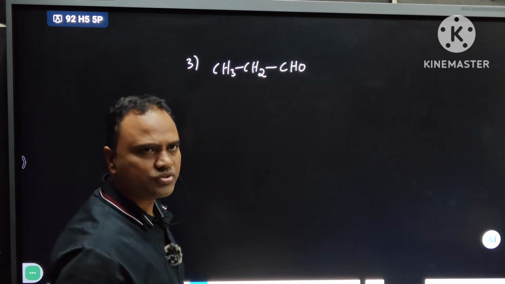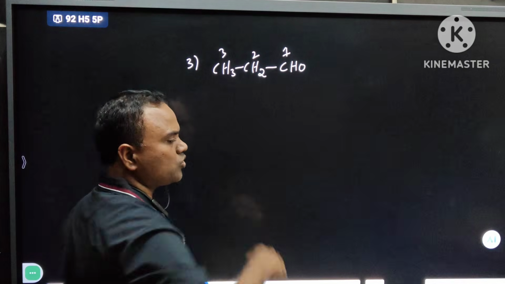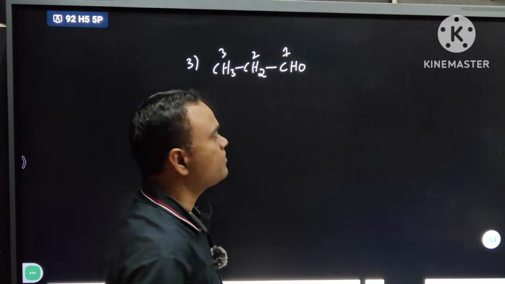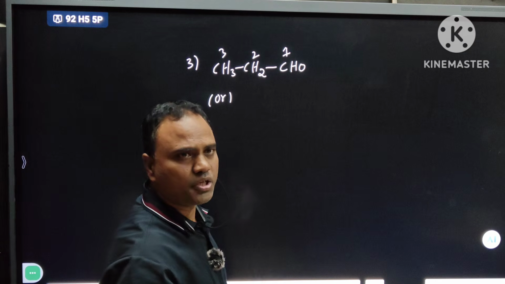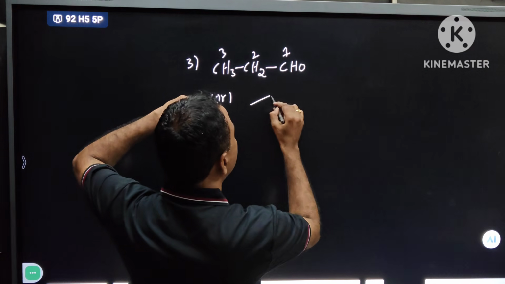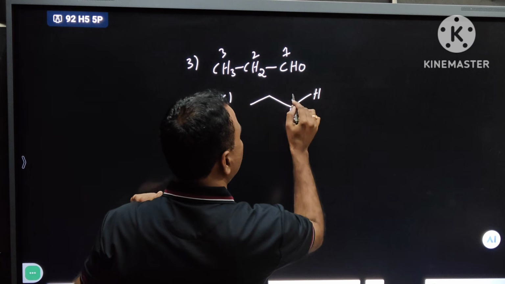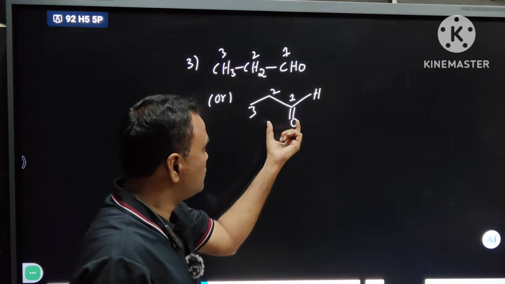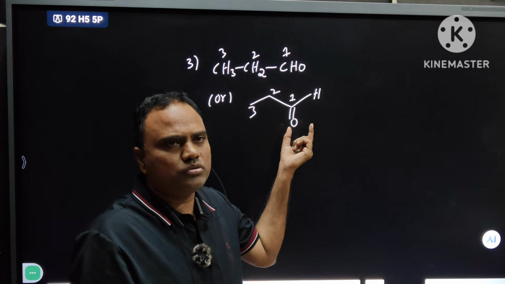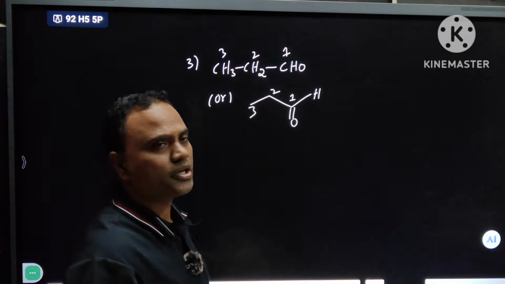We have 3 carbons, right? Numbering should start from the functional group carbon always. And knowing the bond line structure is a very important point. You can write like this. 1, 2, 3. Both are the same only, no? You should know the bond line more than the normal representation, because we'll get most of the questions in bond line only.